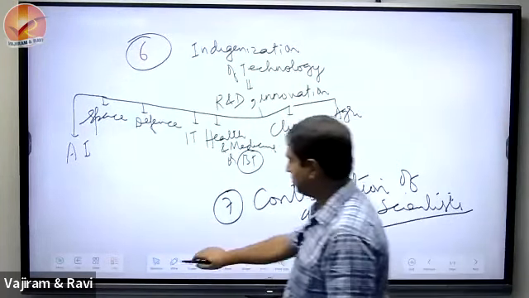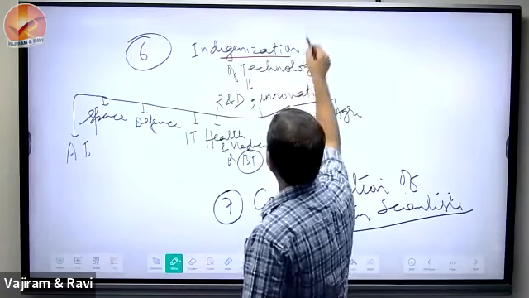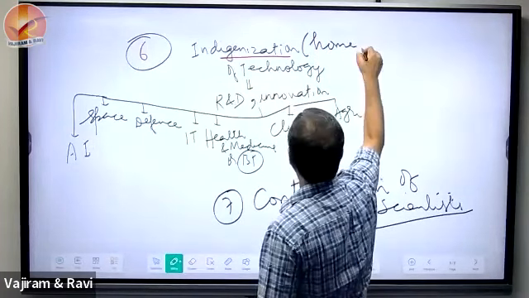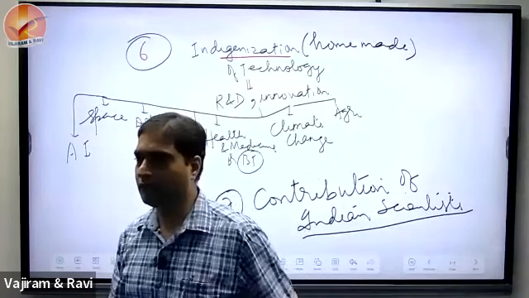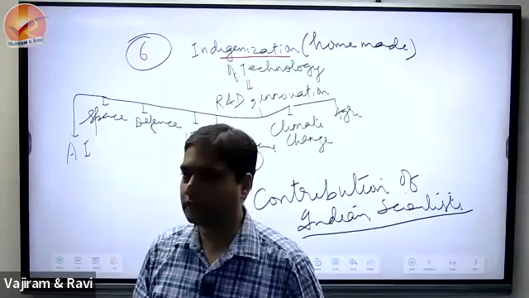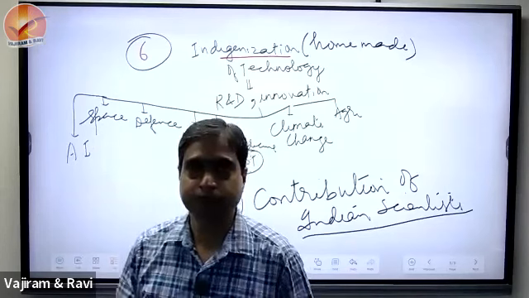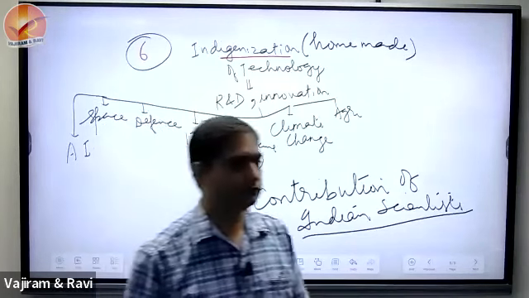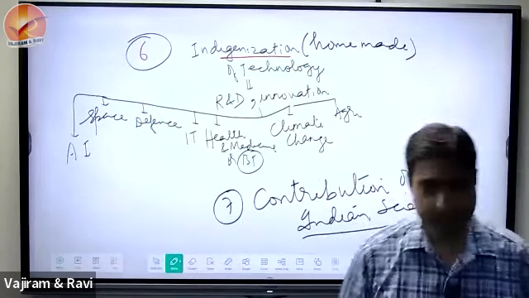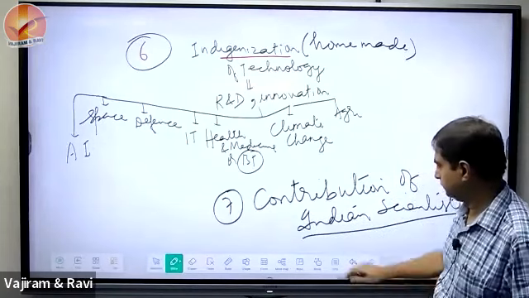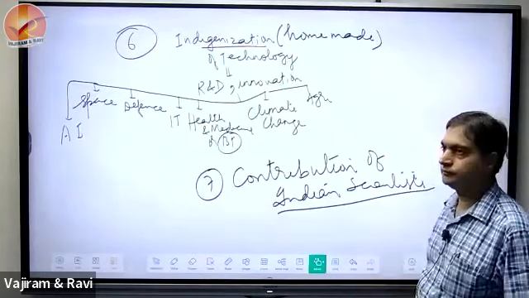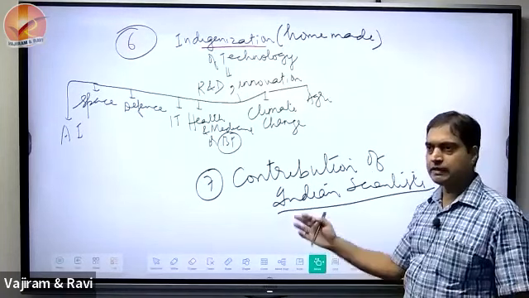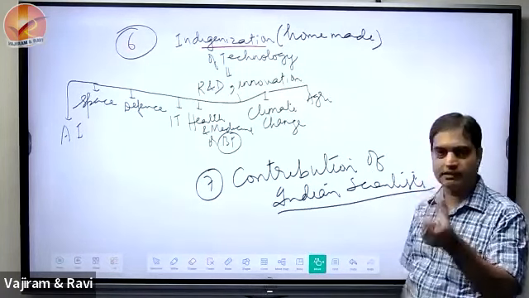So you are asking about what is the meaning of indigenization. As I told you, homemade. Is it clear? This is the meaning of indigenization of technology. For example, just now I have written about Covaxin. Covaxin is what?